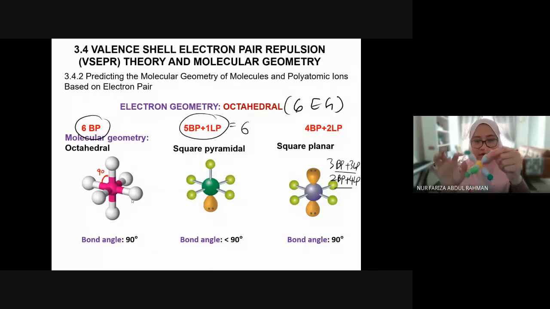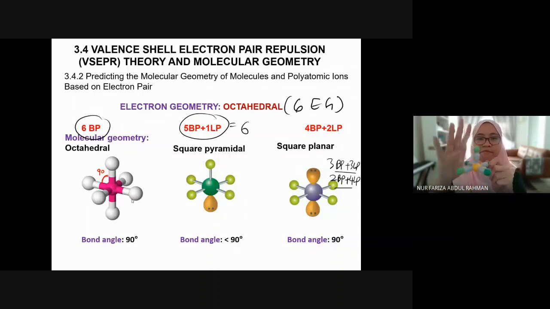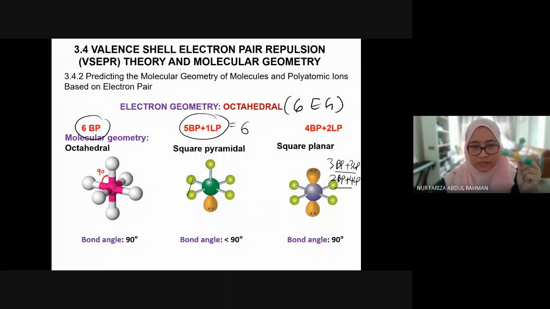As you can see, it has 4 sides, 4 sides there. So that's why it is called square pyramidal. Pyramidal because it forms a pyramid up here. So this is the square, and this is the pyramid. Okay, so it is square pyramidal.